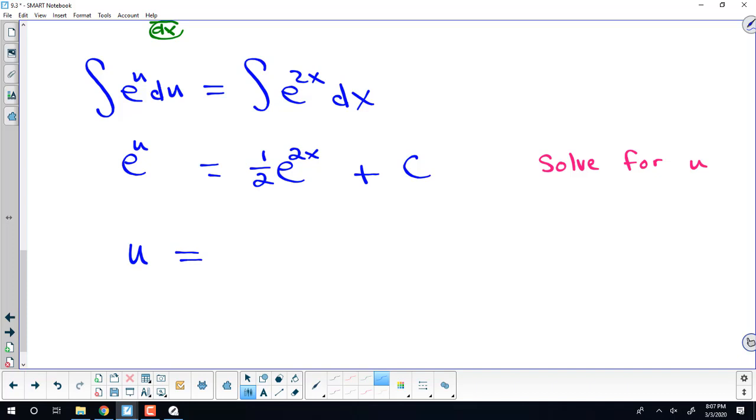It would be like 1/2 natural log of e to the 2x, which you just gave me, x plus c. No, because in order to get a u here, you have to take the natural log of this side. So that means you have to take the natural log of all of this. So it's this. So you can't pull out that 1/2.